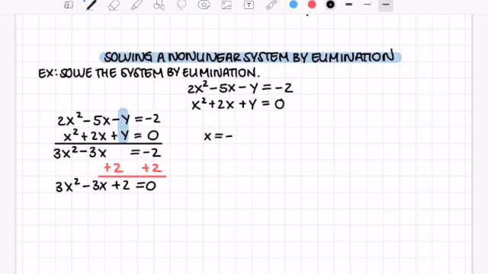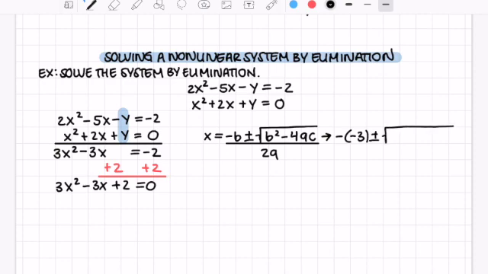So x equals negative b plus or minus the square root of b squared minus 4ac, all divided by 2a. If I plug that in, my b value is negative 3, so I have negative, negative 3 plus or minus the square root of negative 3 to the power of 2 minus 4 times 3 times 2, all divided by 2 times 3.